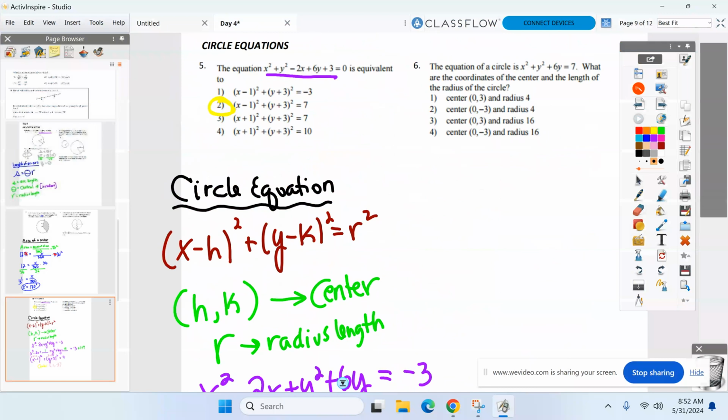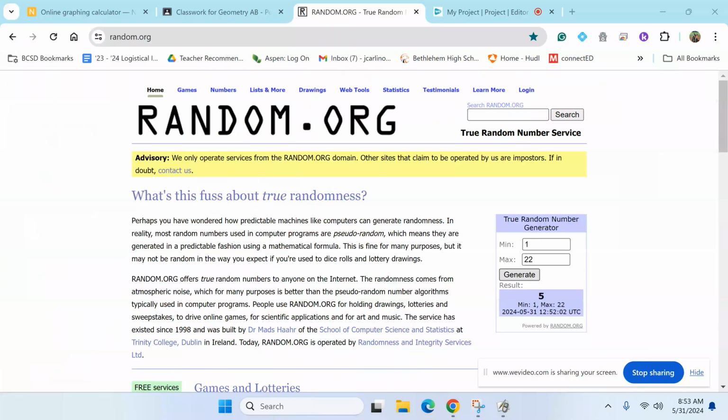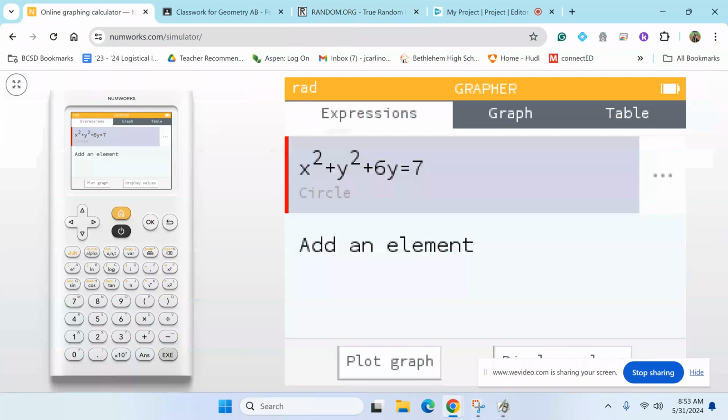All right, so here's how we do it. Same way we did it for slope and y-intercept. Go to your grapher. Type in the equation I'm giving you of the circle. X squared plus y squared plus 6y equals 7. And it'll tell you it's a circle, which is nice.